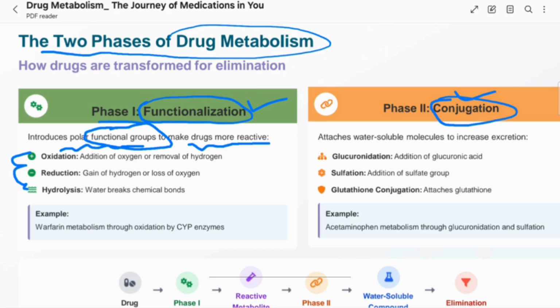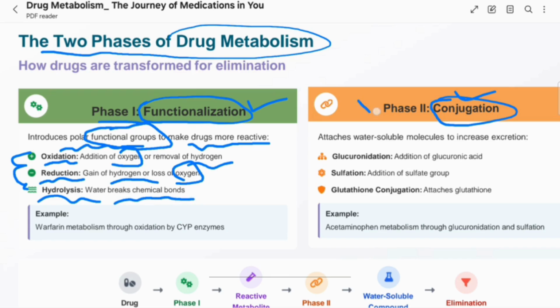The first one is oxidation, meaning addition of oxygen or removal of hydrogen, or sometimes the reaction may be reduction, meaning gain of hydrogen or loss of oxygen. Then hydrolysis, that is breakdown by a water molecule.